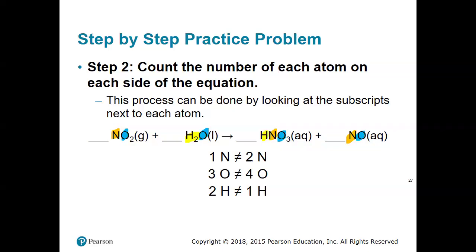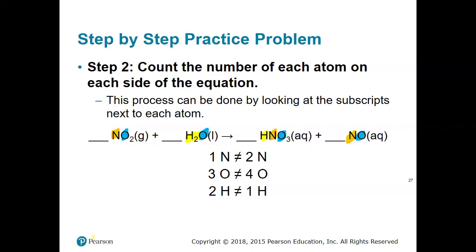So from a standpoint of complexity, hydrogen would be the least complex because it's in the fewest molecules. Nitrogen is the next, it's in 3 of the 4. Oxygen is the most complex, it's in 4 of 4. So we're going to try to leave oxygen for the very end.